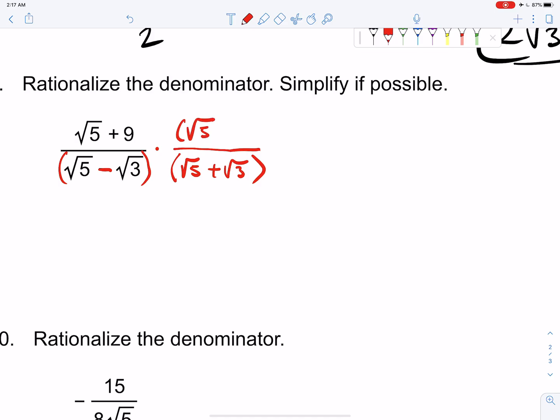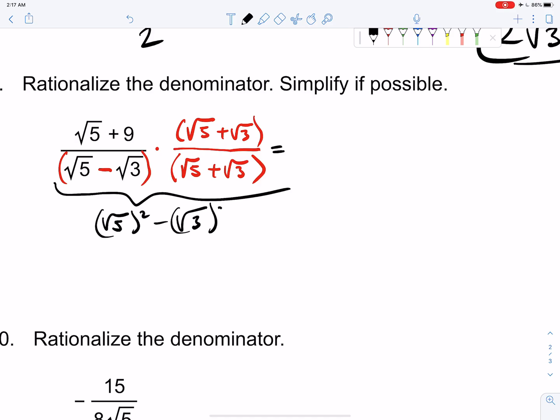Of course, we multiply the numerator by that same exact quantity, and beautiful things happen down below because we get the square root of 5 squared minus the square root of 3 squared, which gives us 5 minus 3, which, gosh, they're not very creative with these questions.